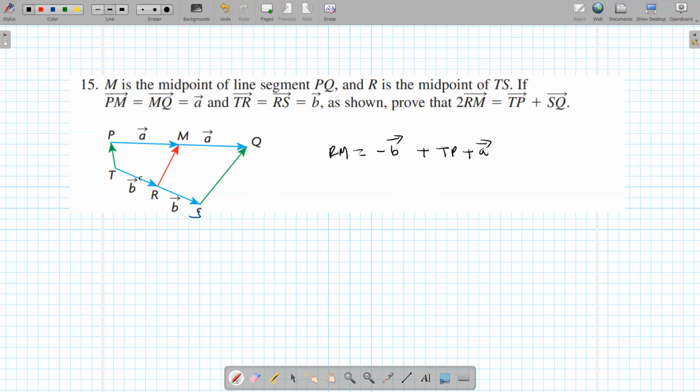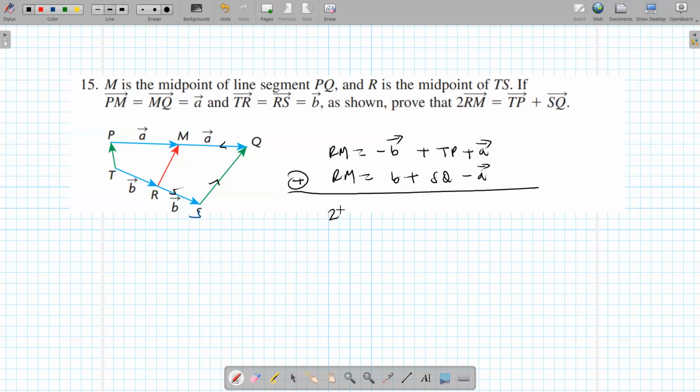Now we're going to do the same thing, except we're going to go from the right side. We're going to go this way. So what'll that be? B plus SQ, yeah, plus negative A, right? Let's just add them up.